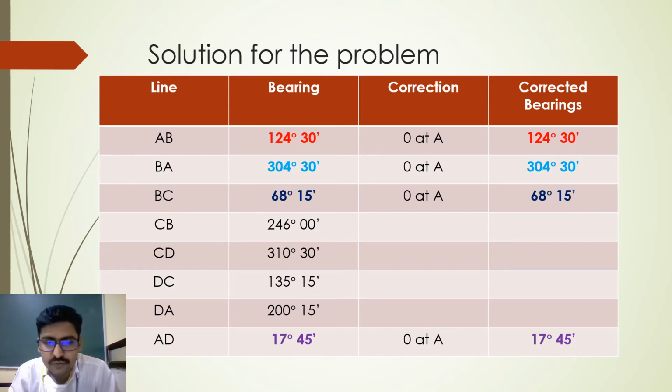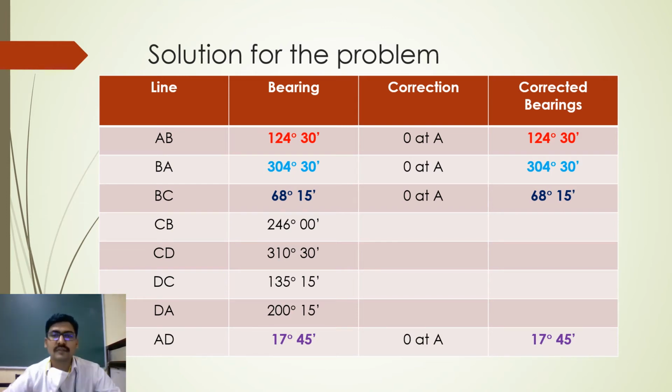And in the next row, line CB is written. CB is nothing but back bearing of BC. So if fore bearing of BC is correct and it is 68 degree 15 minutes, back bearing of the line can be easily calculated. You know that the difference between fore bearing and back bearing should be 180 degree. So when you know that fore bearing of a certain line is 68 degree 15 minutes, to find the back bearing I need to either add 180 degree or subtract 180 degree.